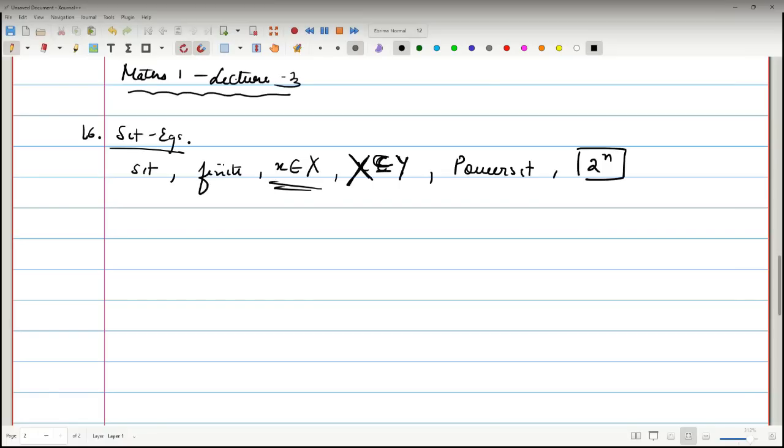We saw set comprehension. Okay, let's do one question today. A PYQ. I'll not say anything, I'll just write it down.